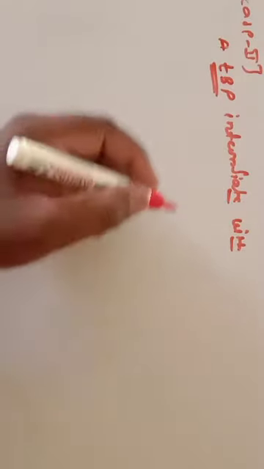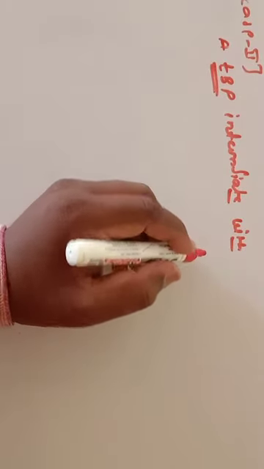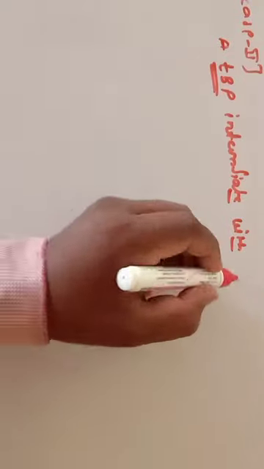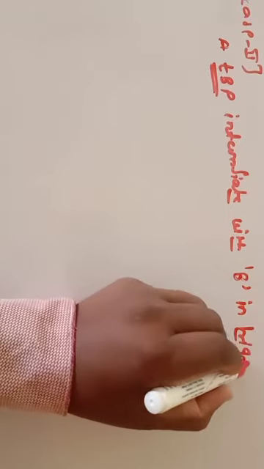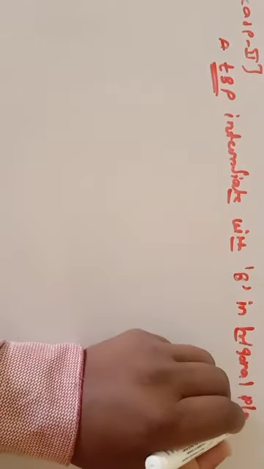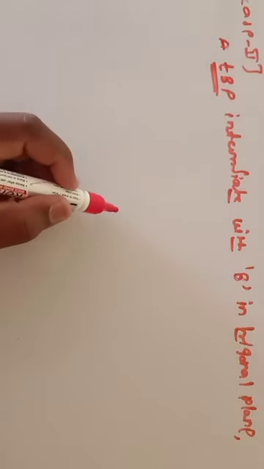So the second case is a TBP intermediate with the B ligand in the trigonal plane. This is the case when an intermediate with trigonal bipyramidal geometry is formed, and the B ligand is present in the trigonal plane of the intermediate.